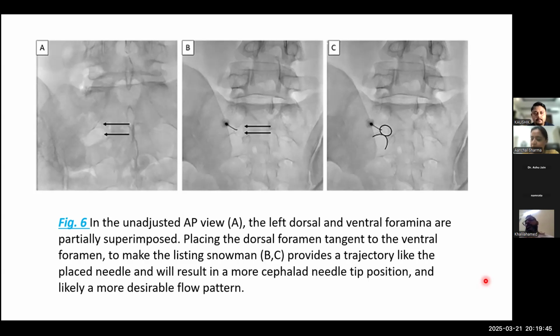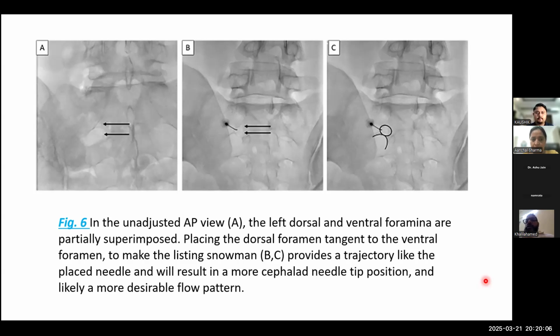And the last and important point that I want to highlight is the point of entry. It is just below the pedicle of S1. So if you try to enter the foramen from the medial margin, probably you are hitting the flange again and again.